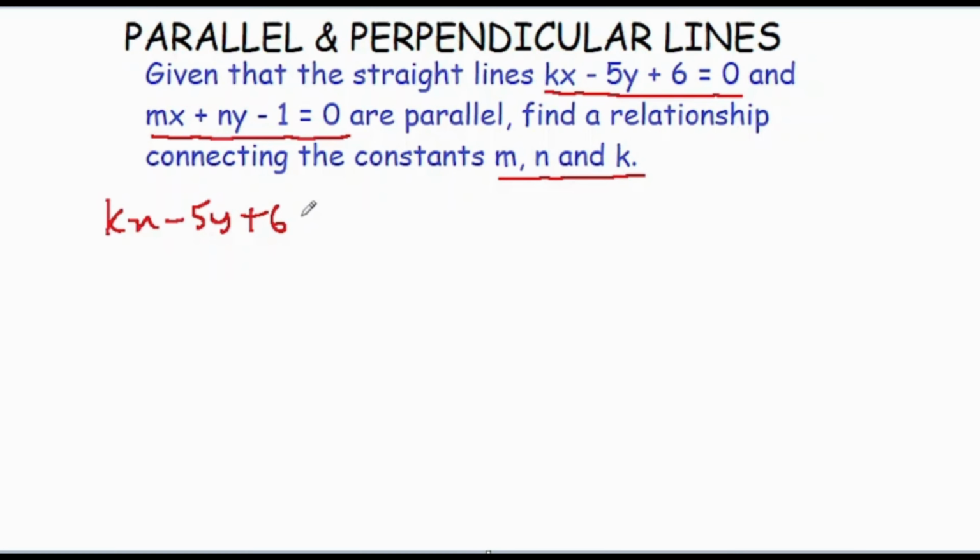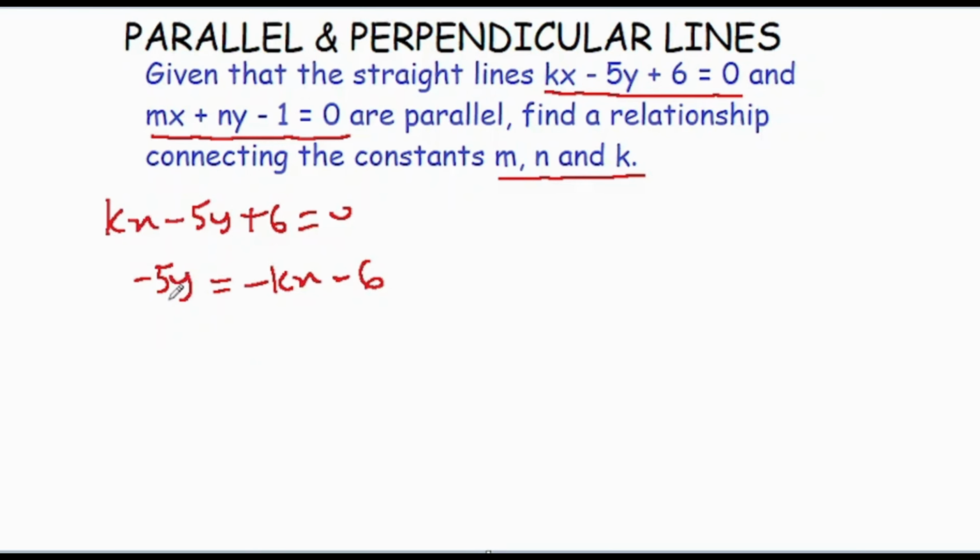So what we are going to do here is that this equation is in standard form. Let's convert it to slope-intercept form. So this will be 5y; we subtract negative kx from both sides of the equation. So this is going to give us negative kx. Subtract 6 from both sides too. This will give us negative 6.